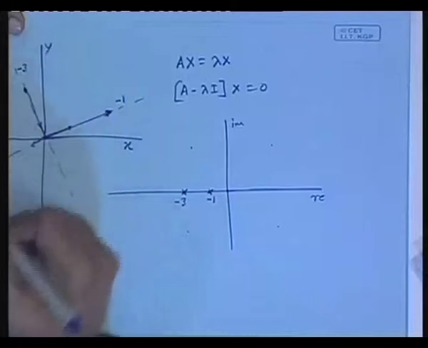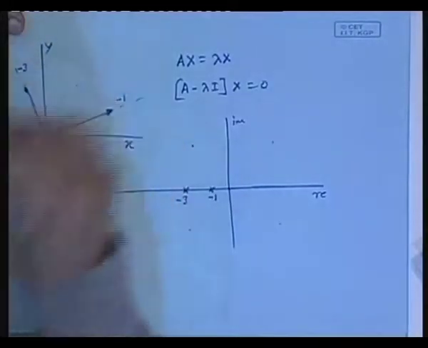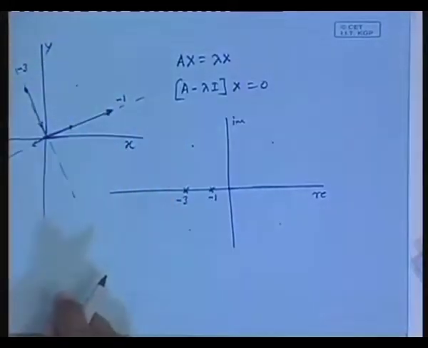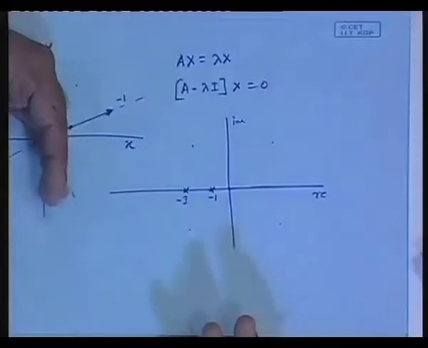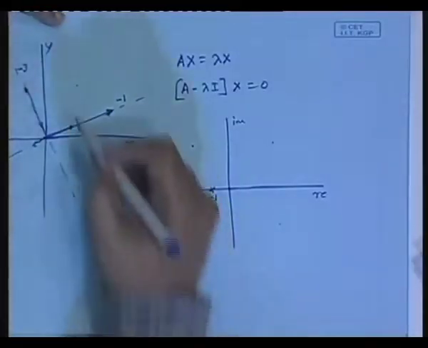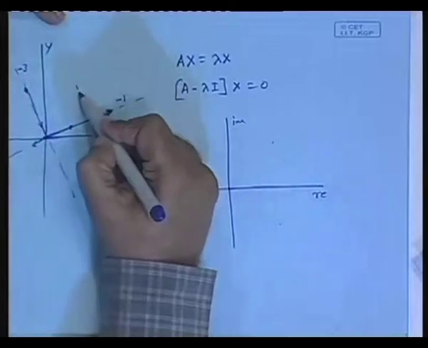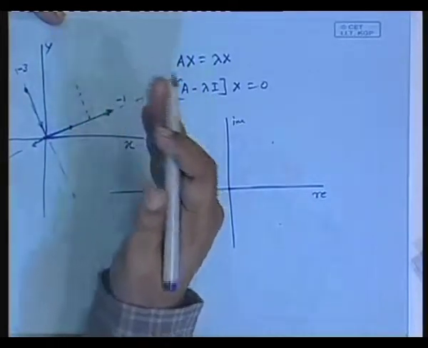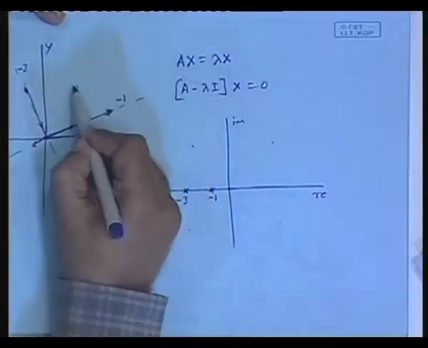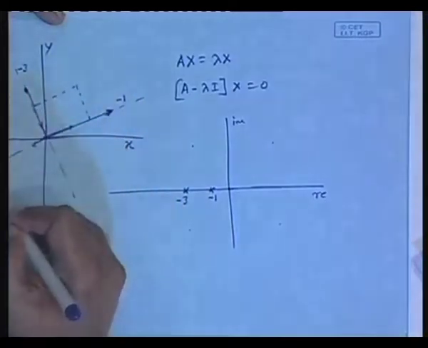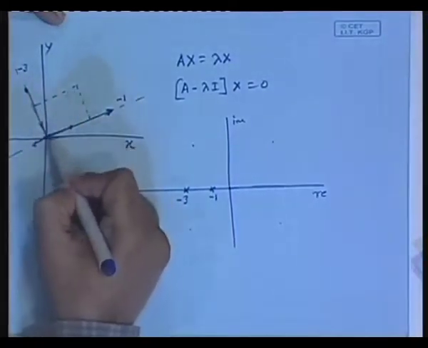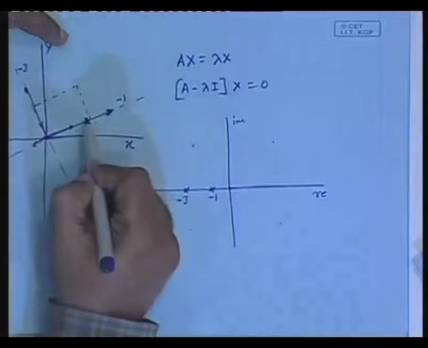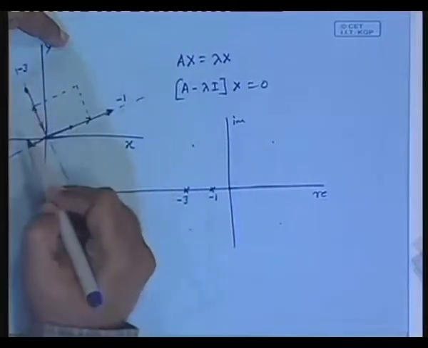So it will die down faster along this direction. Now, if you have the initial condition somewhere else, then when I say that the resulting solution is a linear combination of this solution and that solution, it means that you can drop a projection of this point on this and on that. So this vector can be broken up into a vector along this, and another vector along that.